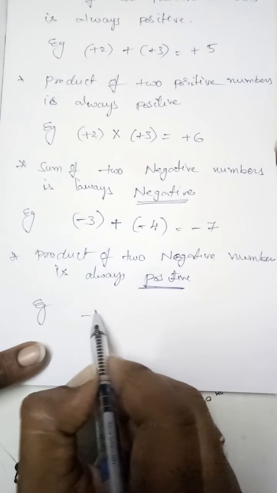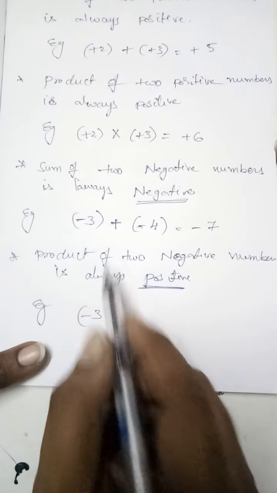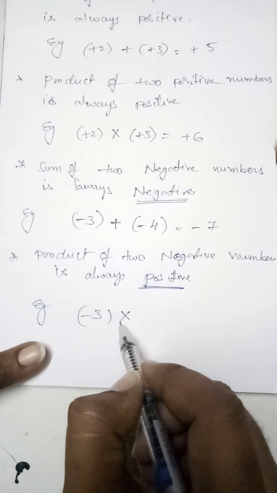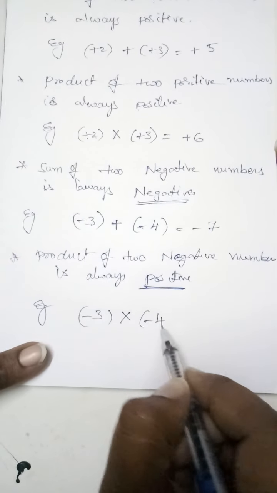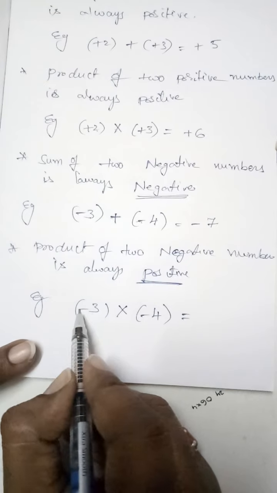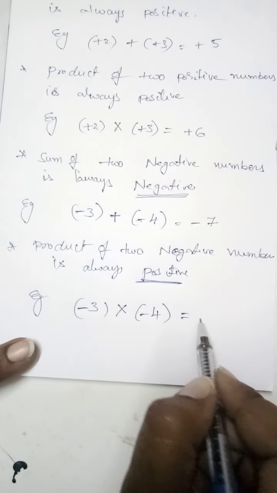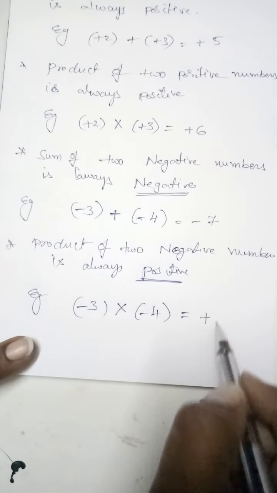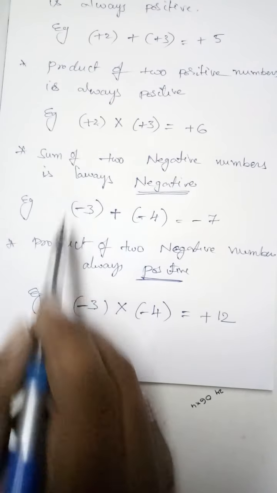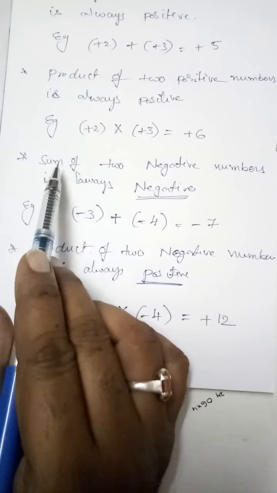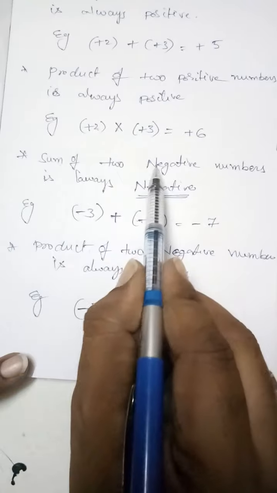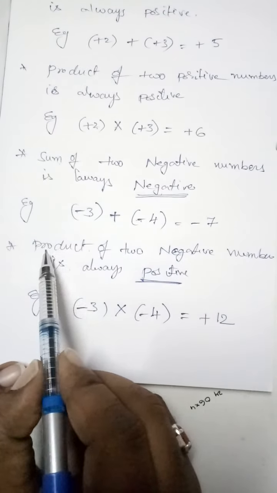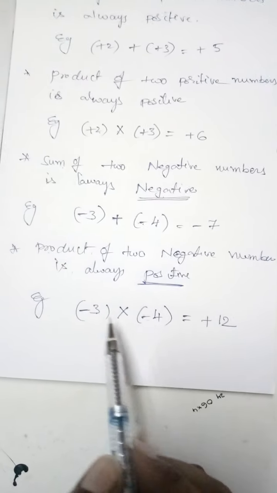For example, I'm taking the same example, minus 3, product means multiplication, into minus 4. We know the symbols, minus into minus is plus, 3 4s are 12. So this is a very important difference between sum and product. Sum of two negative numbers is always negative, product of two negative numbers is always positive.